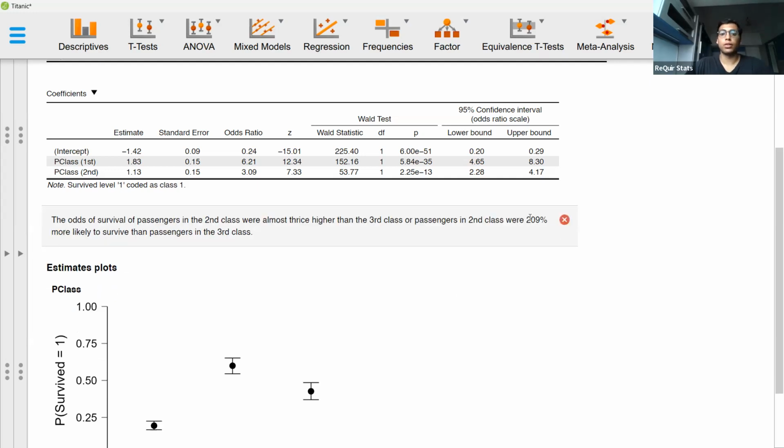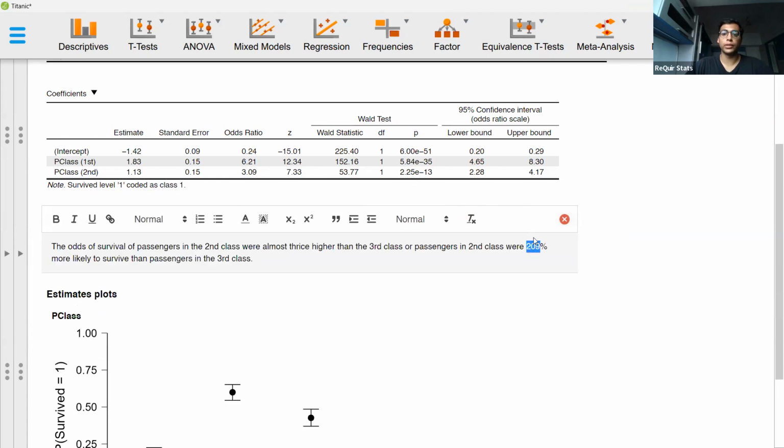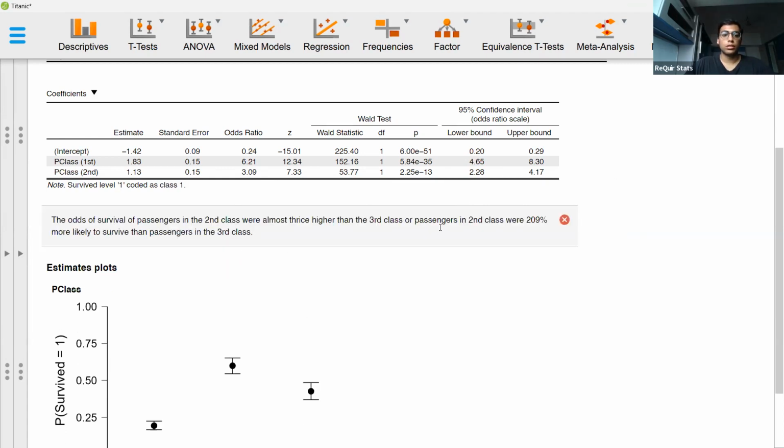And 2.09 times 100, so we get a percentage: 209%. So that is how we interpret odds ratios, in percentages this time.